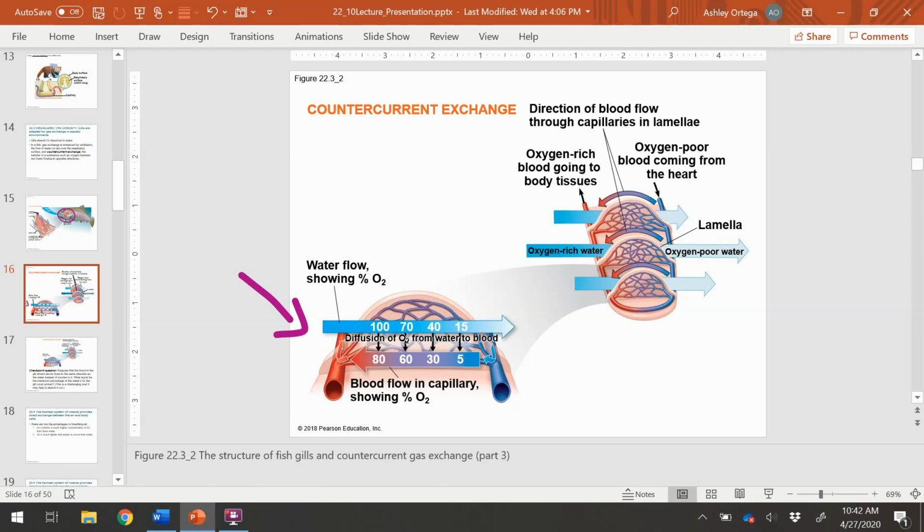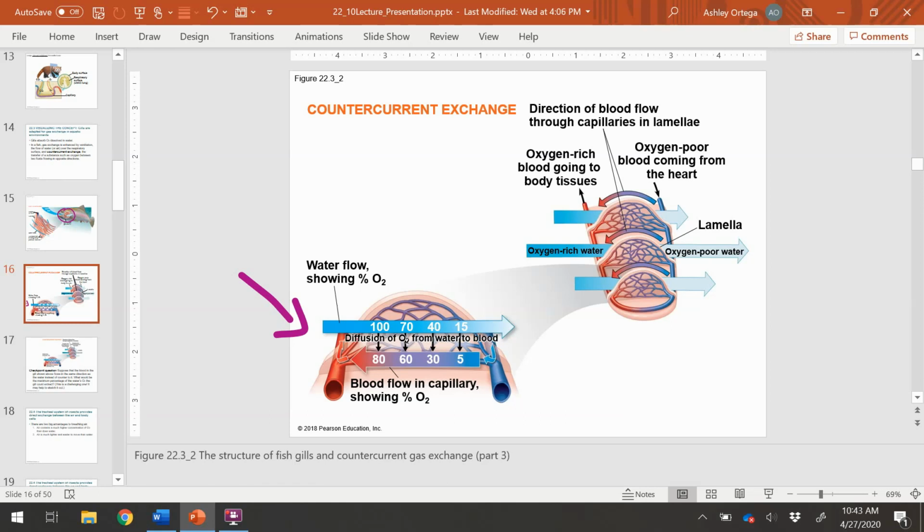And so as it goes across the lamella, the lamella is going to take that oxygen, so it's going to decrease in percent as it goes across. If you remember from BIOL 1, diffusion and osmosis, diffusion being movement of solutes and osmosis movement of water, will occur from a higher region to a lower region until it equals out.